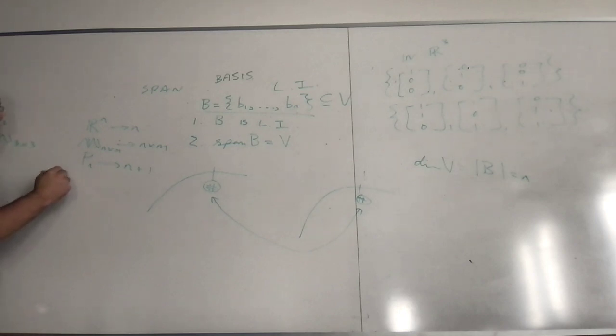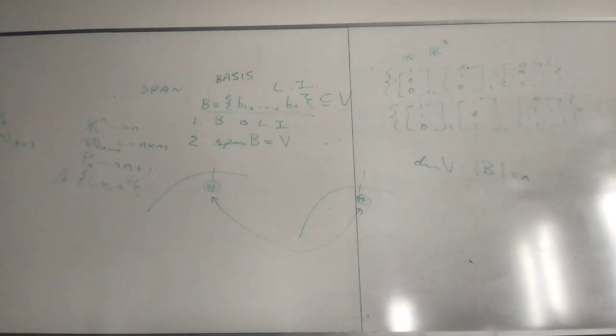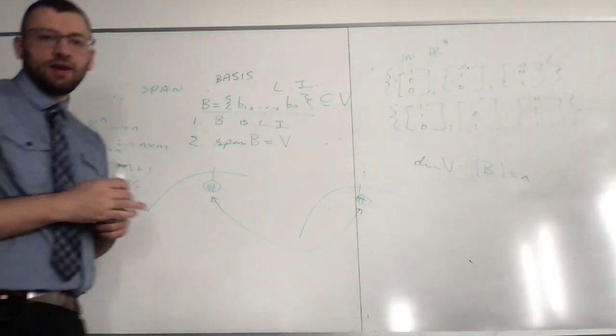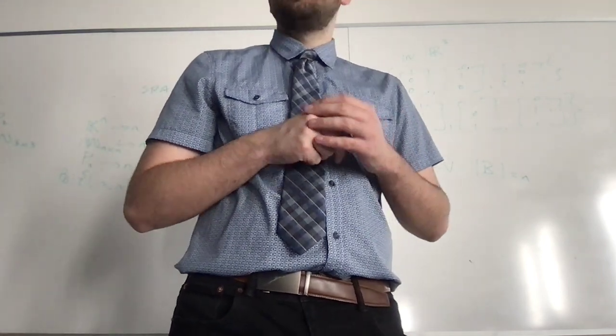In P2, a basis might be 1, x, x squared, right? That has 3 things in it, but the little subscript is 2 because you have to account for that constant. And this would be your standard basis for P2, right? Any questions about any of that? No?